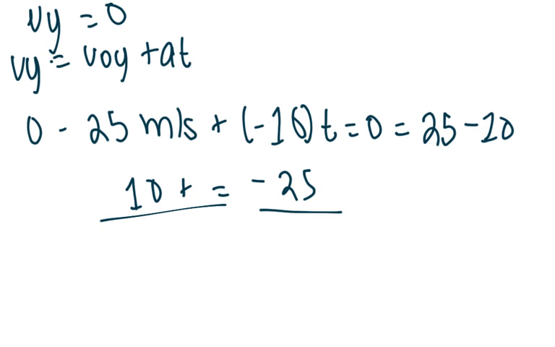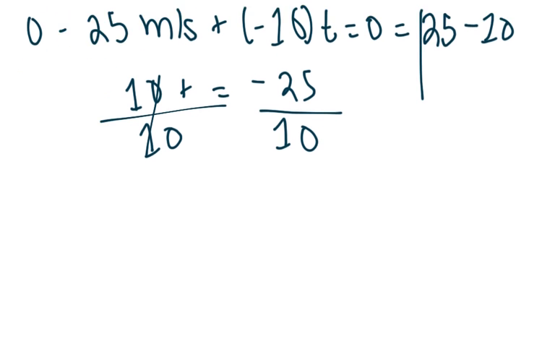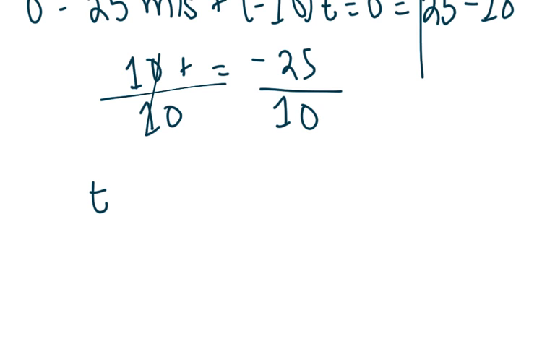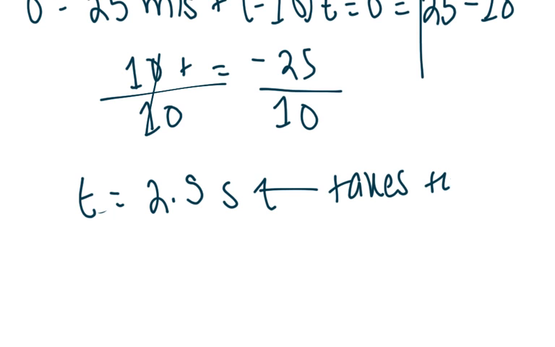We divide by 10. What we do on one side, we do to the other. And then by solving for t, we get 2.5 seconds, and that's what it takes to reach max height.